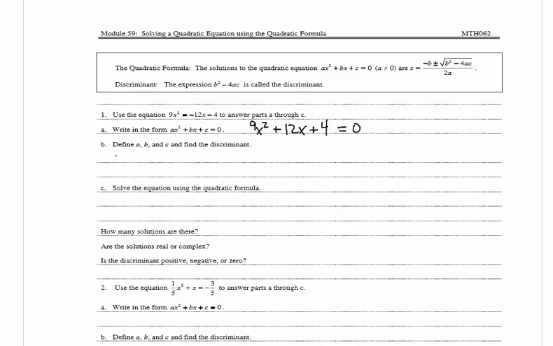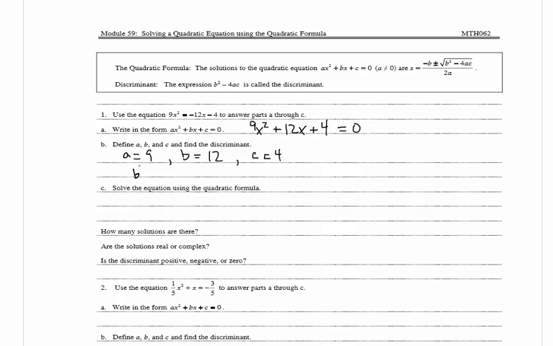And in B, they want us to define A, B, and C and find the discriminant. So we're going to have A is equal to 9, B is equal to 12, and C is equal to 4. And now we're going to use the discriminant.